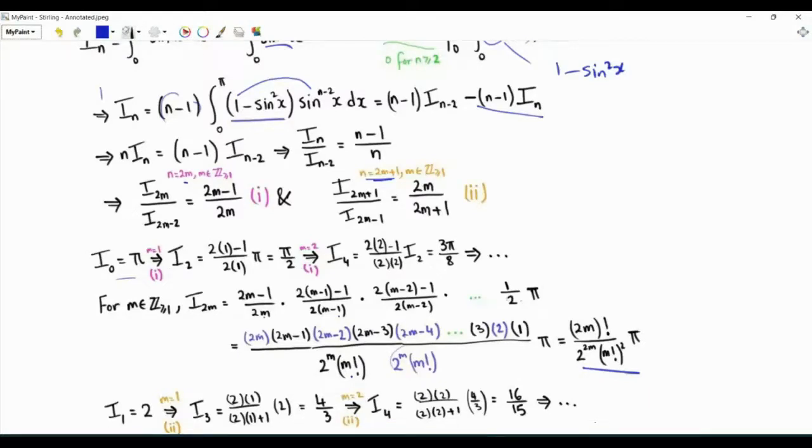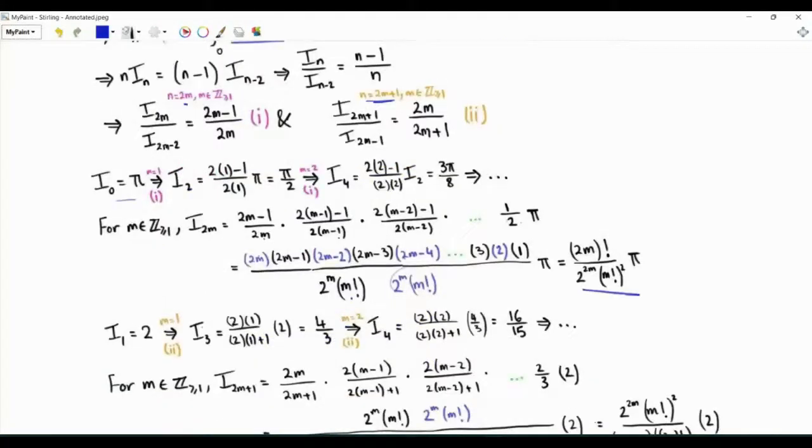Now we will repeat the exact same story for I_n, where n is an odd integer. So I1 is done. I1 is equal to 2, and again we can express I3 in terms of I1, and I5 in terms of I3, which is expressed in terms of I1.